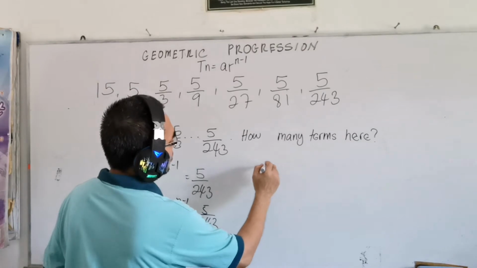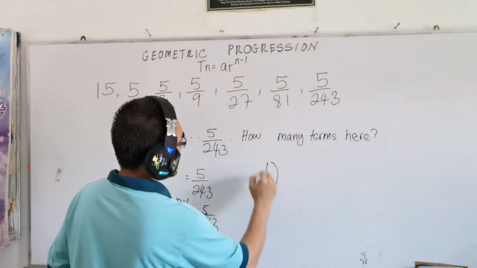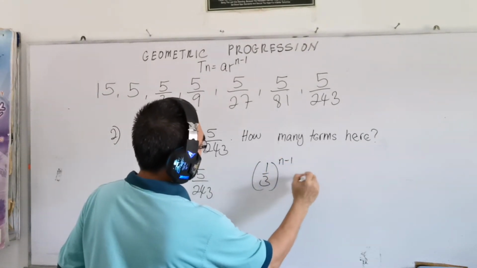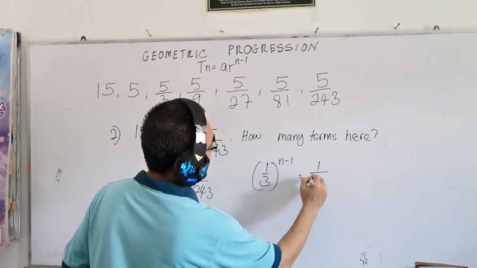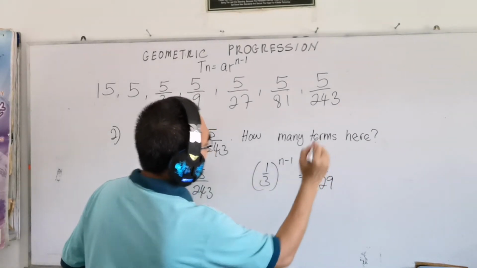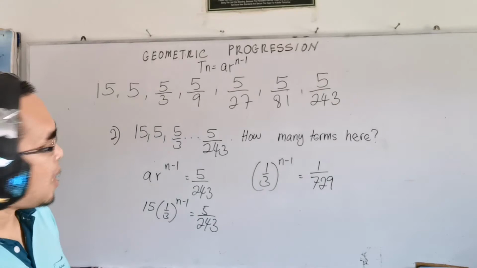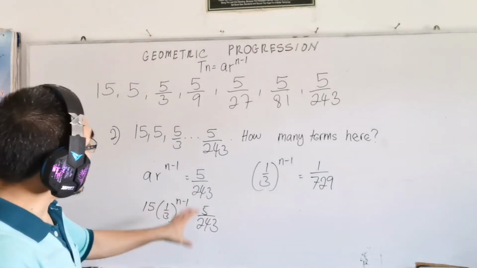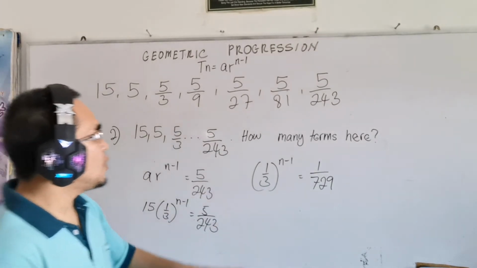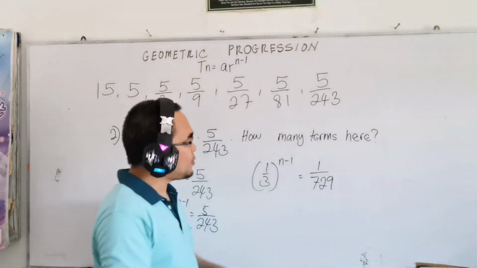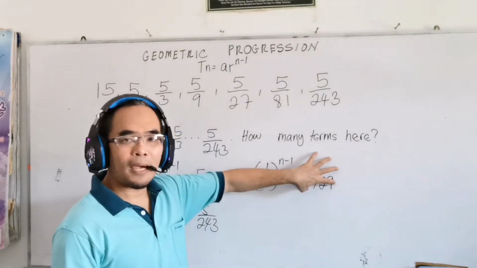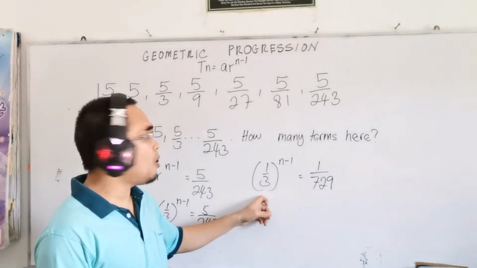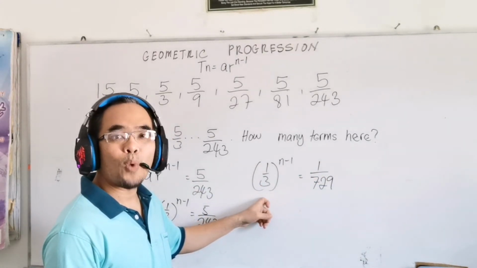So we see here 1 over 3 to the power of n minus 1 equals 1 over 729. Now because we know this is a term in this arrangement, the base can be changed to 1 over 3.